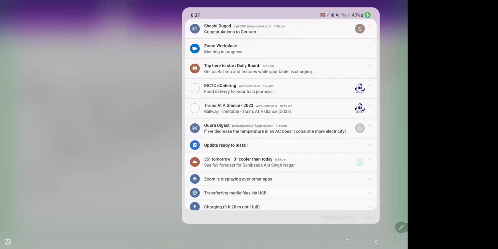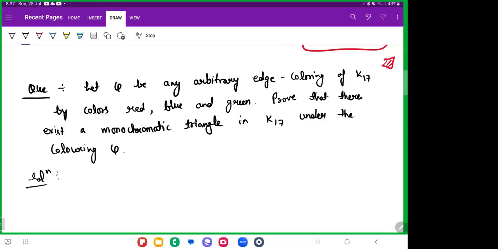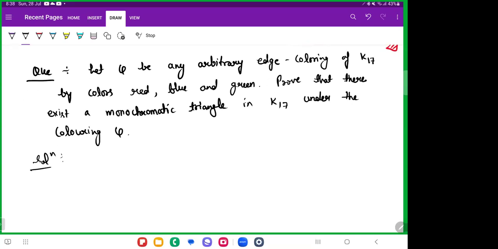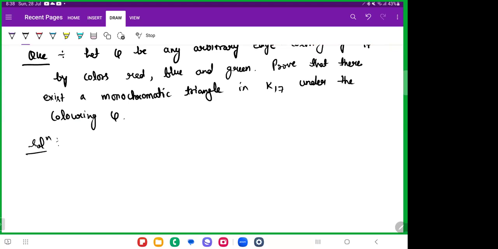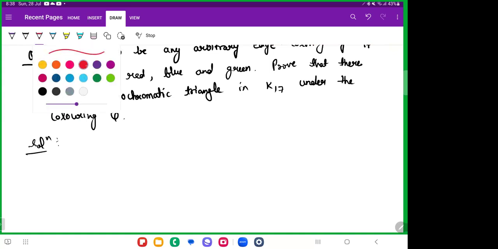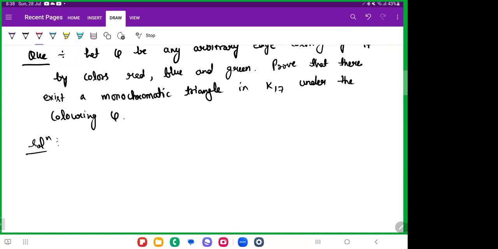Can you tell? Anyone any idea? This type of question should have been done in your class, there may be some example you have done of this kind.